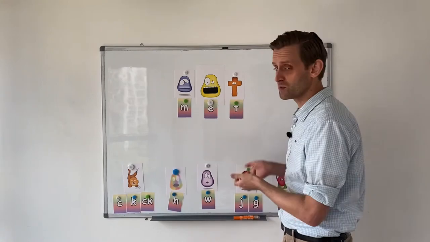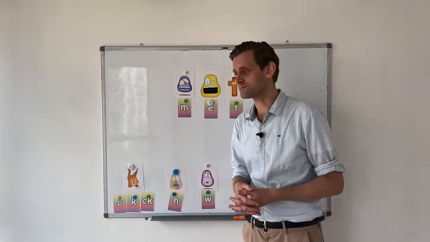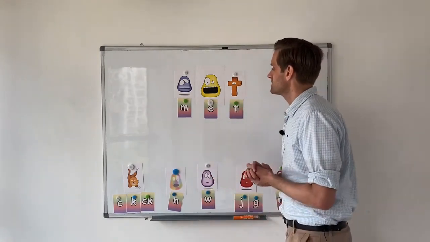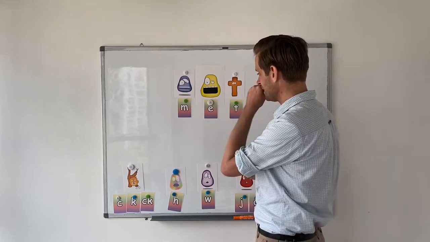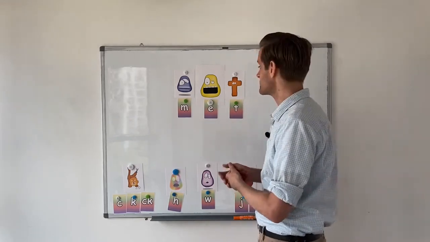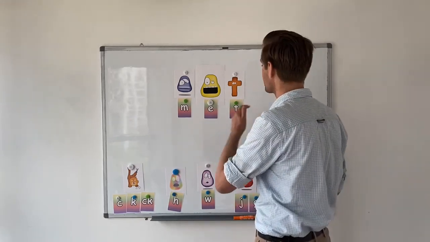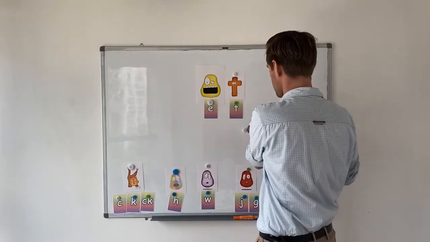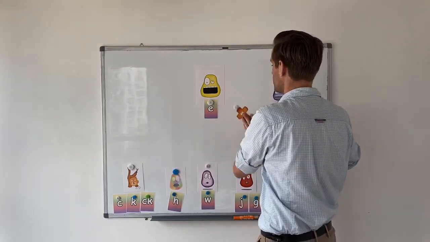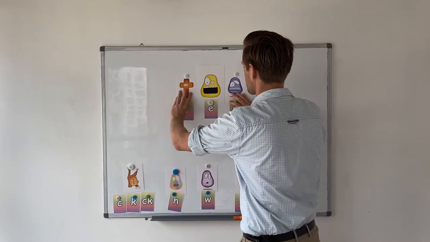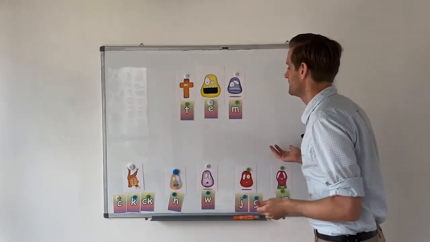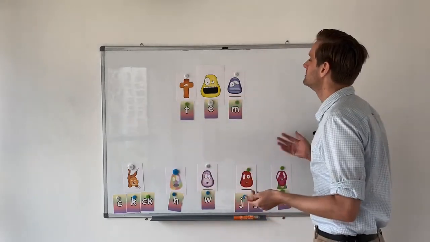So let's imagine that we are playing a basic substitution game. Now I've got it on the board, but it could be down on the table. So we've got our word here. Students are reading this, and we've got met. We can turn this round quite easily, and then we have tem.